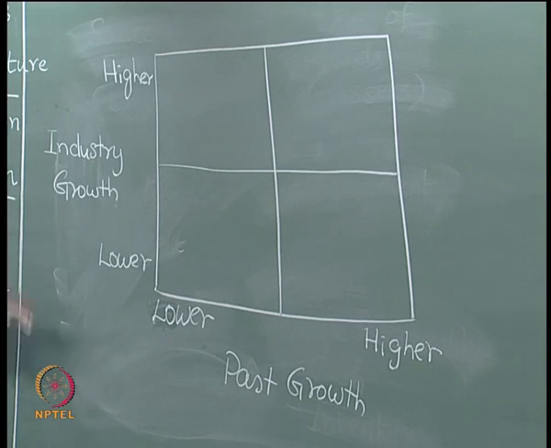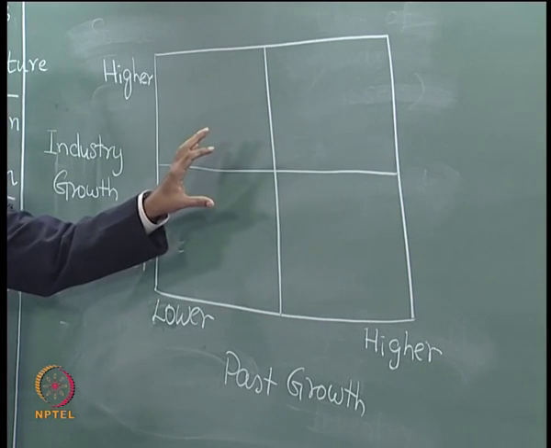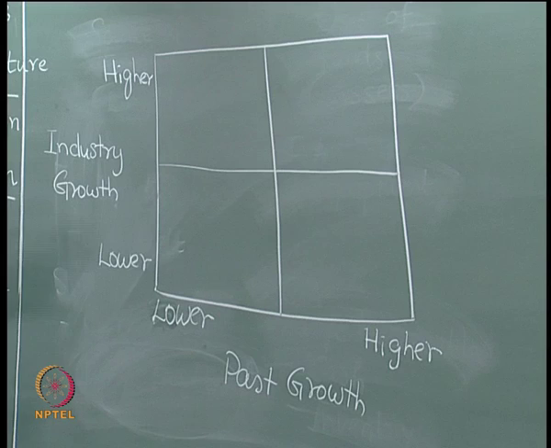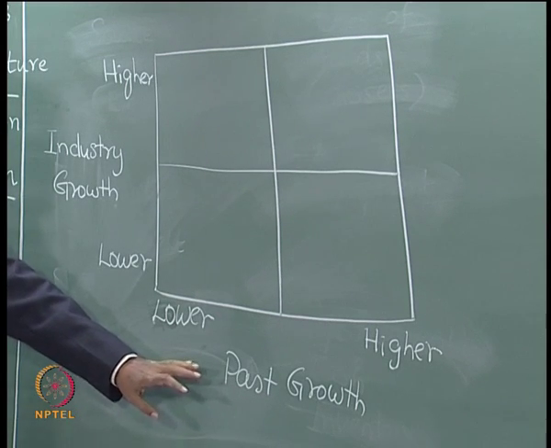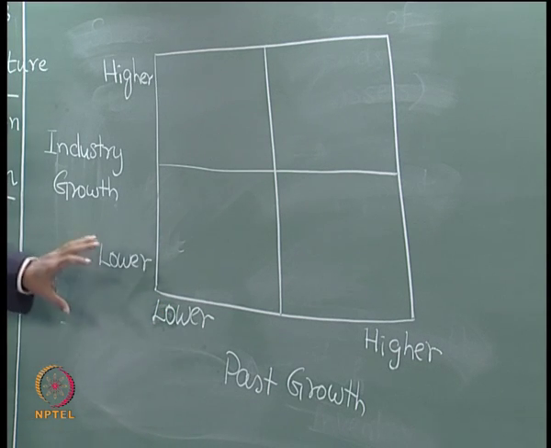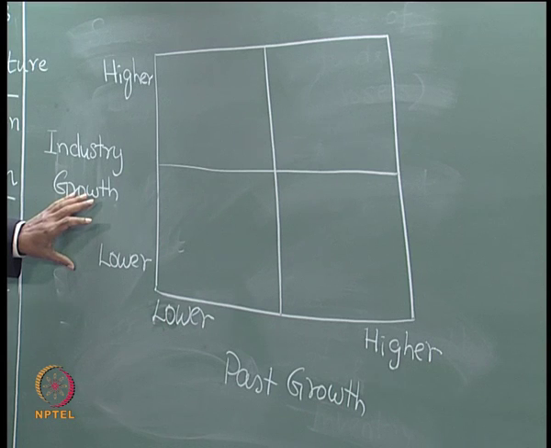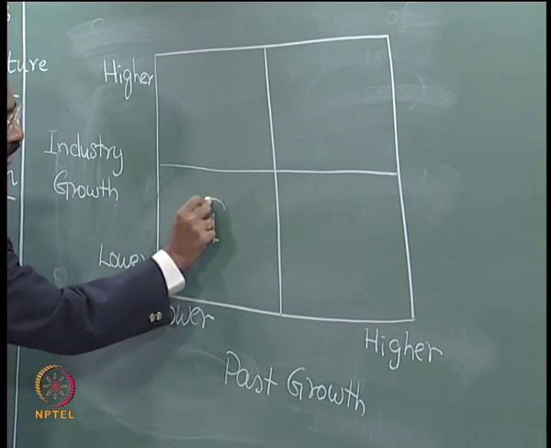Now, we can map the ratio that we have calculated into any of these 4 quadrants to derive meaningful interpretations. So, let us assume that the current growth rate is lower than the past growth rate and it is also lower than the industry growth rate. So, that means we are talking about a situation of quadrant 1.